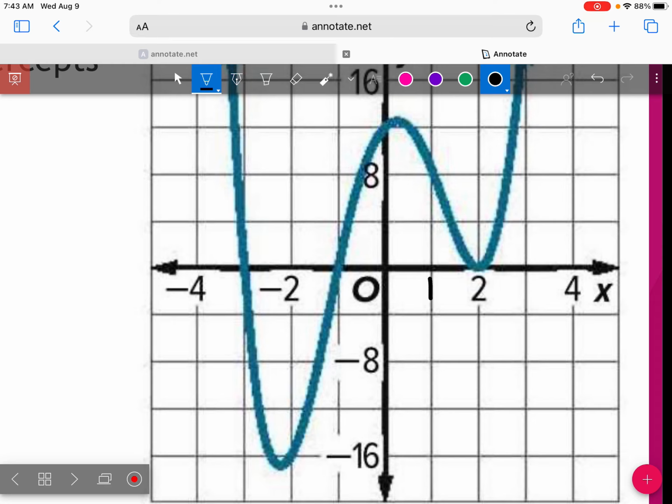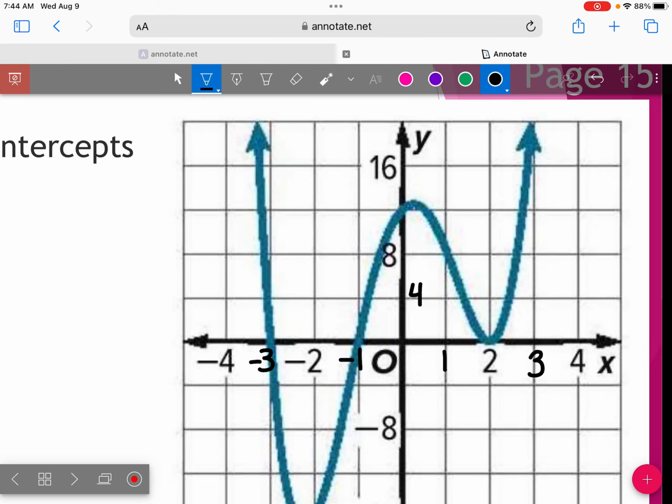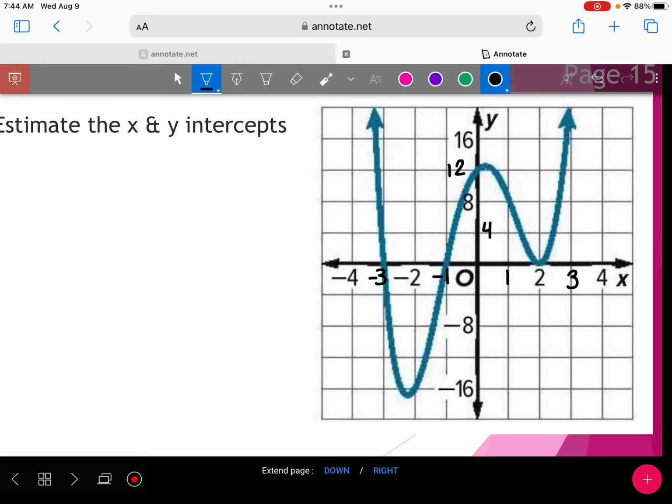And I can fill it in. 1, 2, 3, -1, -2, -3, 4. The y's, they counted by 4s because they're jerks. 4, 8, 12. The book makes choices like that. I don't know why. It's a choice is the only answer I got for that. So just be careful, okay? Make sure you're watching for those.